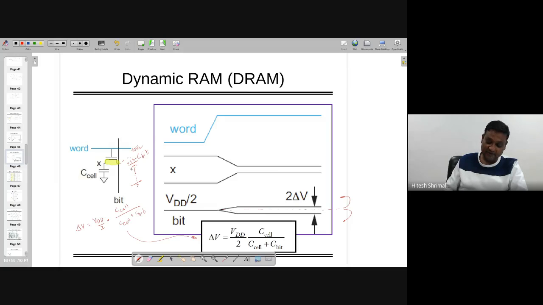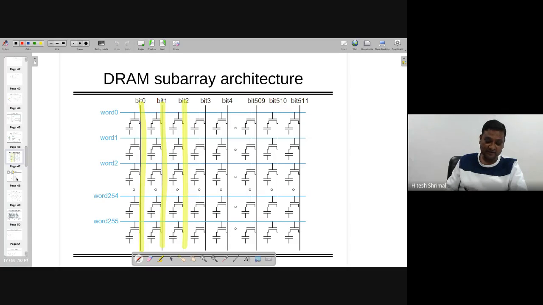Let's assume that it's plus delta V. If it is plus delta V, you need to understand that it's not only the structure which has row decoder and column decoder, but you are also going to have something called a sense amplifier.